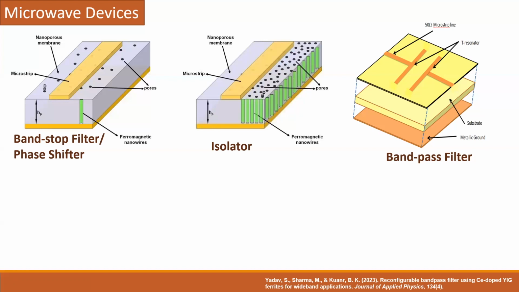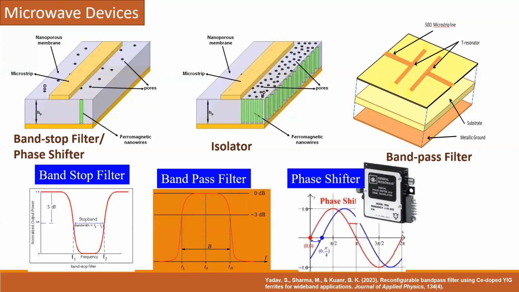You can send information from one port to another, but when you want to transmit from port 2 to port 1, it won't be possible. So isolators can be fabricated on these ferromagnetic nanostructure templates. Then we can also design bandpass filters.